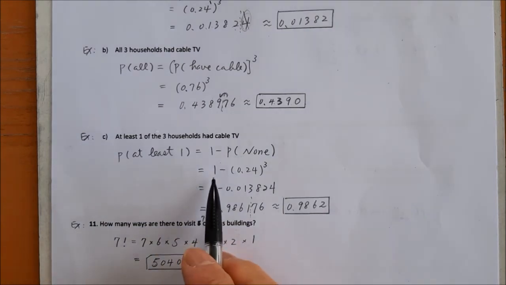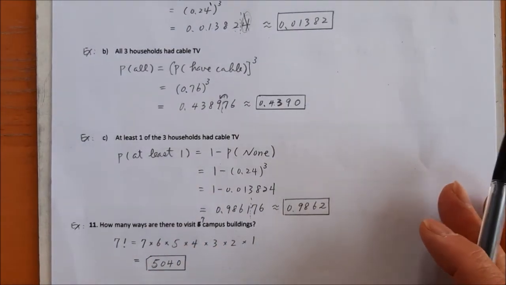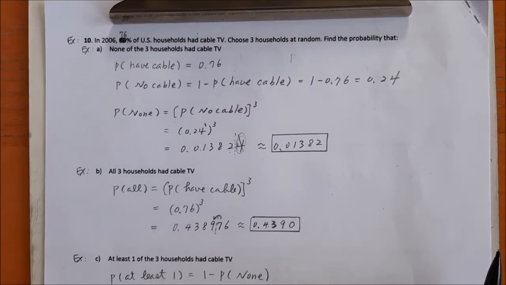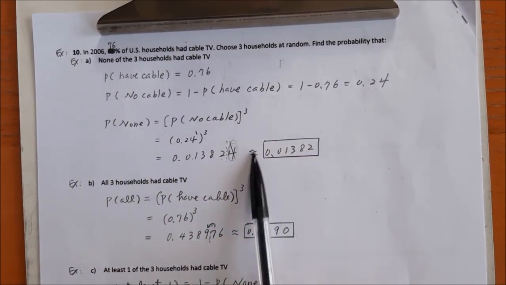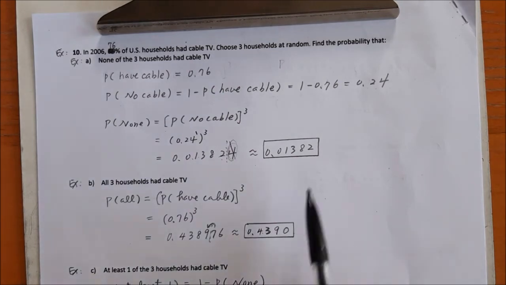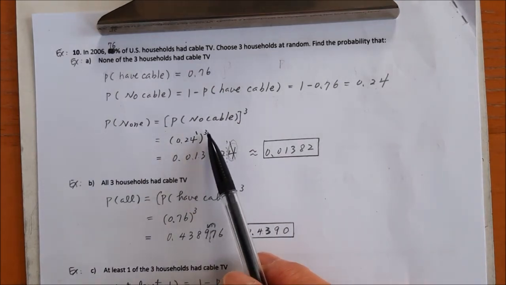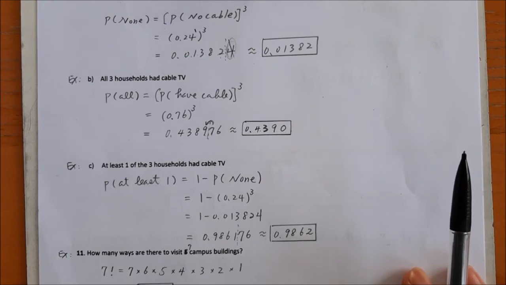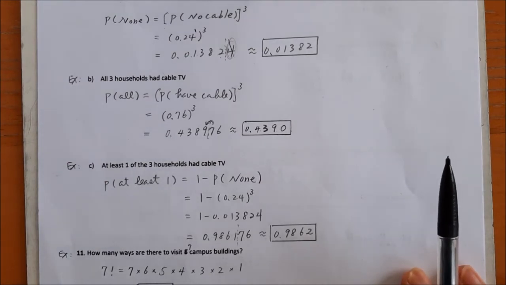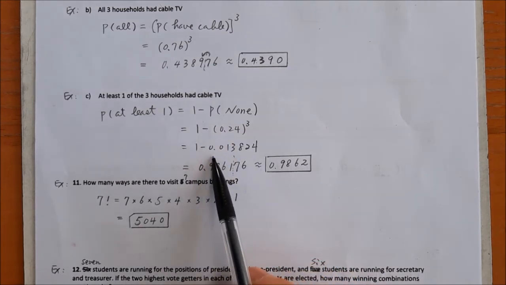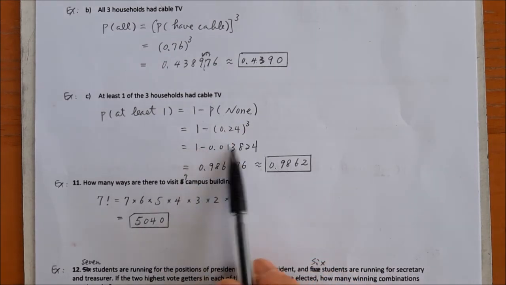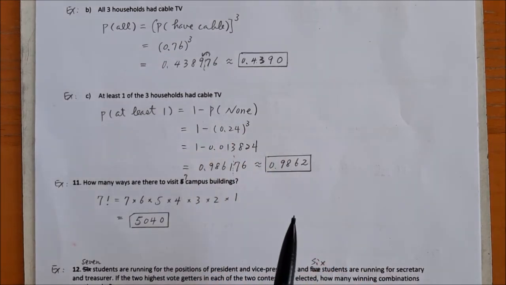We already calculated that in part A, and the answer is 0.24 to the power 3. So it's 1 minus 0.24 to the power 3, and with subtraction you will get the answer.